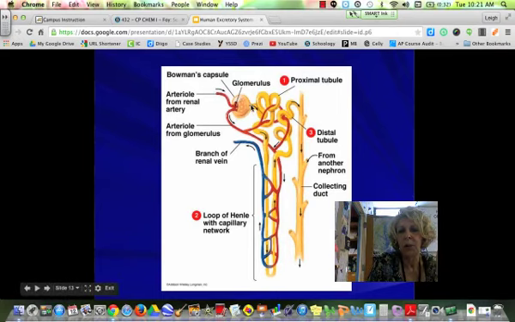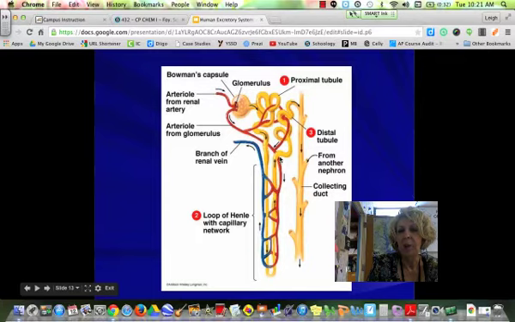And then the filtrate is going to go into the proximal convoluted tubule. But in this place, there are sometimes materials in the filtrate that are going to be reabsorbed back into the blood. And especially in this loop of Henle, a lot of water is going to be moved from the filtrate back into the blood vessels.